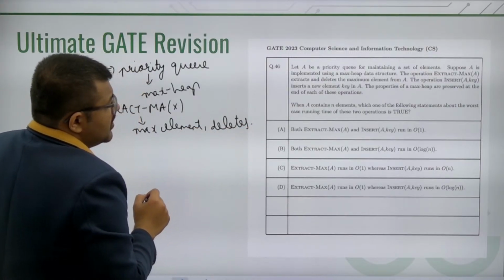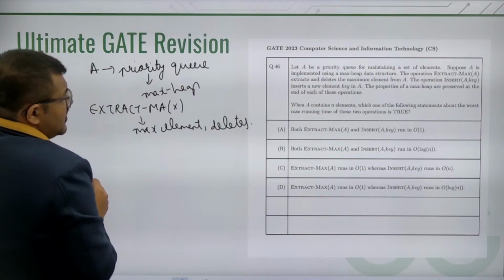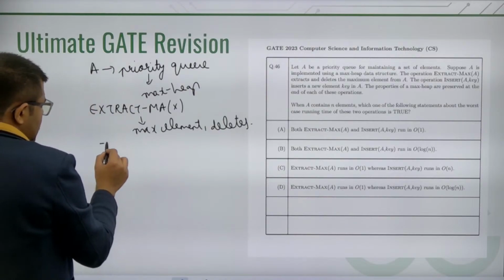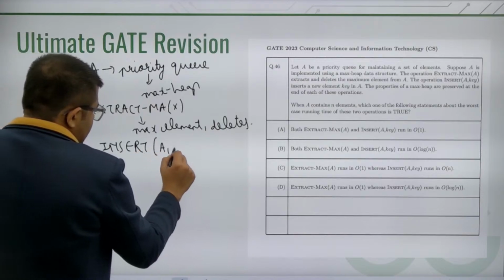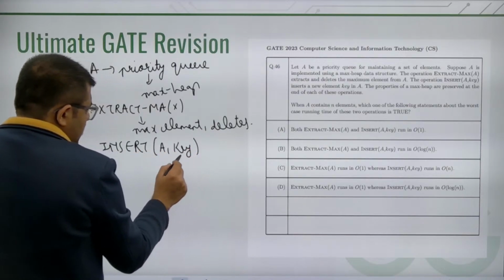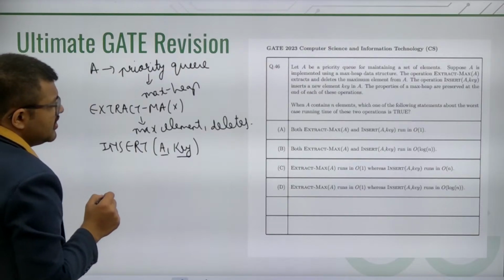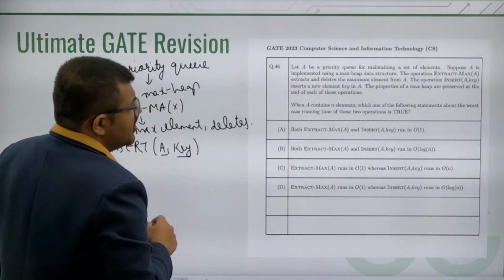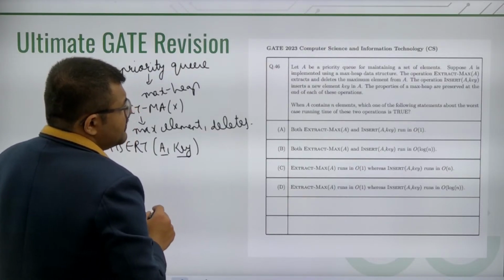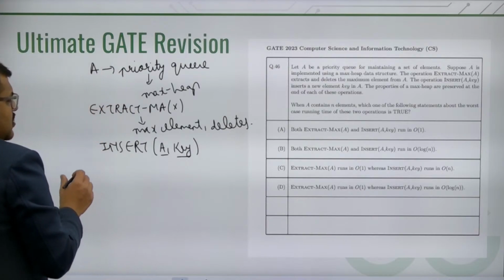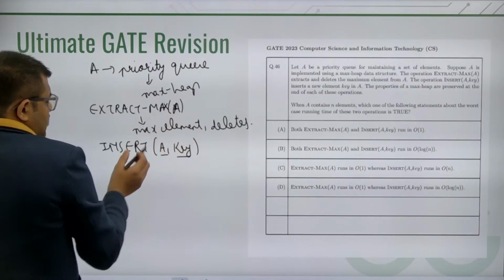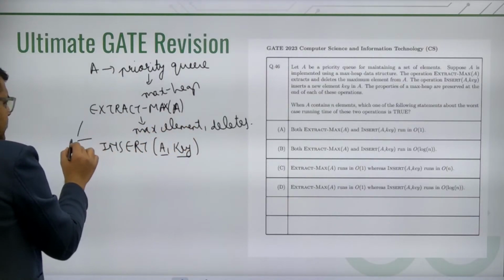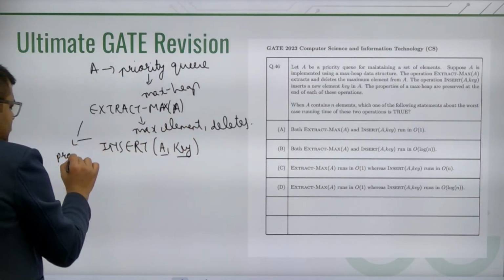The operation insert A key inserts a new element key in A. Insert A key will insert a new element key in the max priority queue A, or the max heap. The properties of max heap are preserved at the end of each operation. So after doing extract max or after doing insert, the properties of the max heap must be maintained.